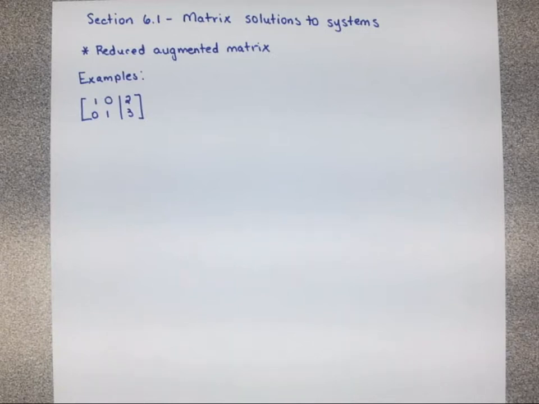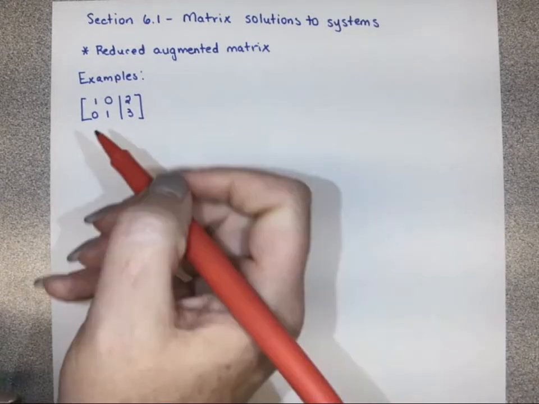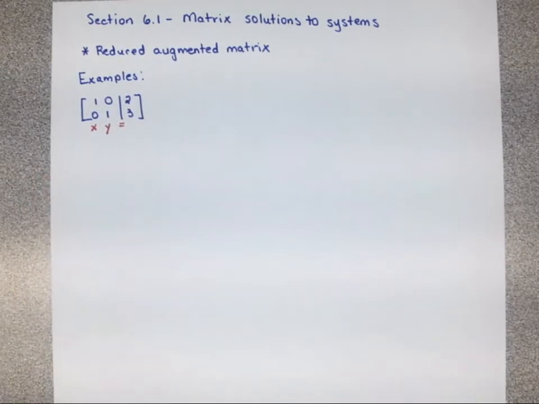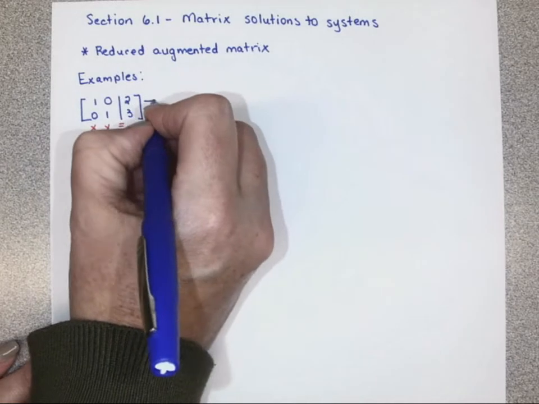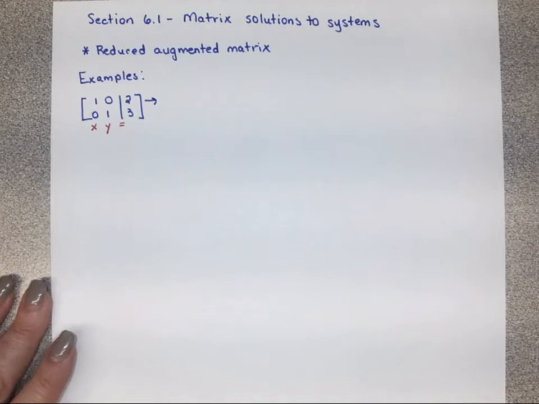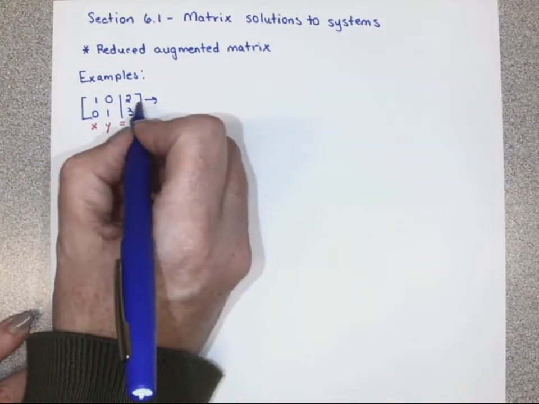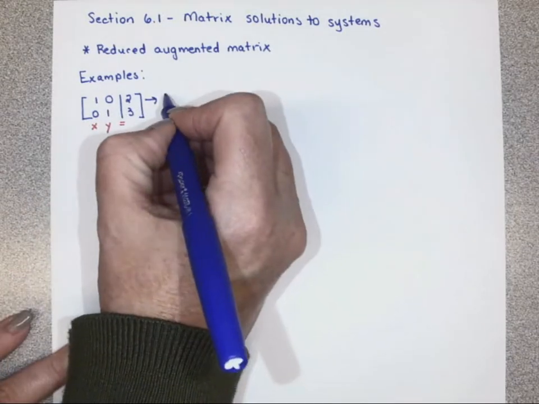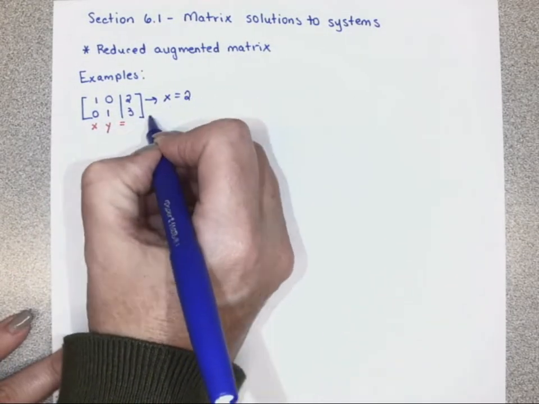Okay, so we did this last week, but remember these are your x's, these are your y's, and this represents the equal sign. Okay, so the reason this is called a reduced matrix is because what is the first row telling you? It's telling you that x equals what? Like all that's left in the first row, you would say 1x plus 0y, right? So it's basically just telling you that x is 2.